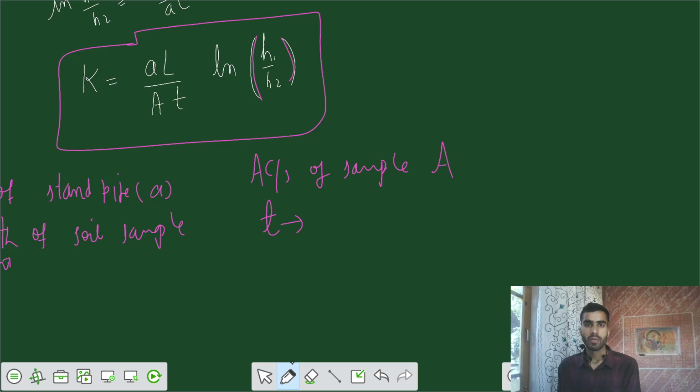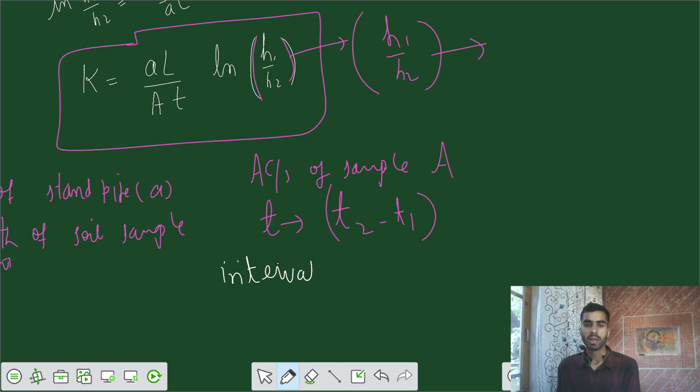Since we have the limit here, h1 by h2 is talking about the heights h1 and h2, corresponding to the time interval t2 minus t1. This is the time interval between when the standpipe water level from the datum was h1 and h2.